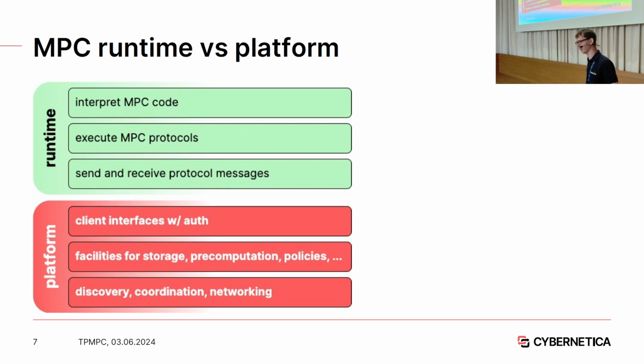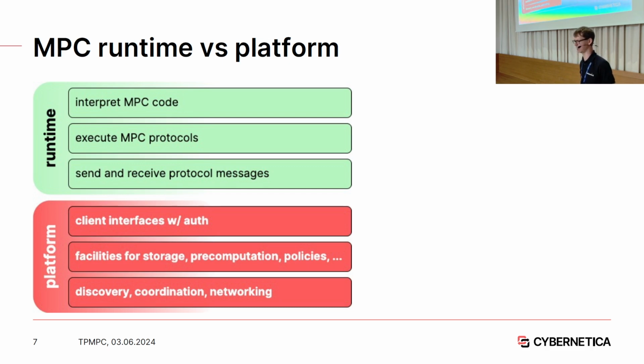It, for example, provides methods for interfacing with different client applications, together, of course, with authentication and authorization. Also, all kinds of supporting facilities like storage, pre-computation, different policies, and so on. And it would be nice if it also has discovery, coordination, orchestration, and so on.